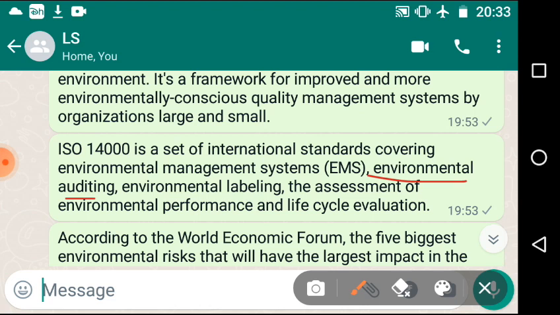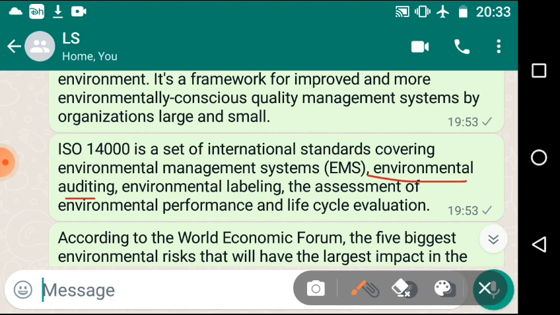It will evaluate to what extent the company is harming the environment through activities like waste generation or noise.